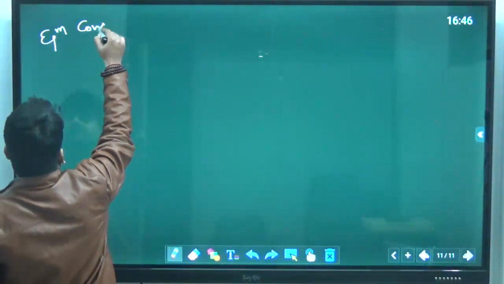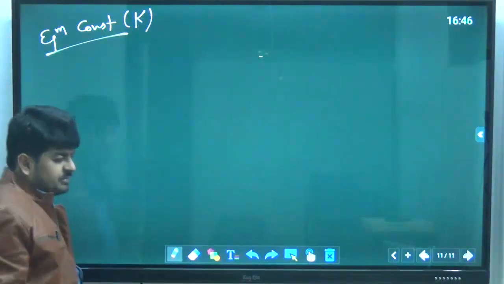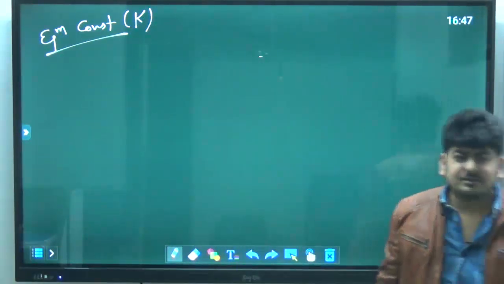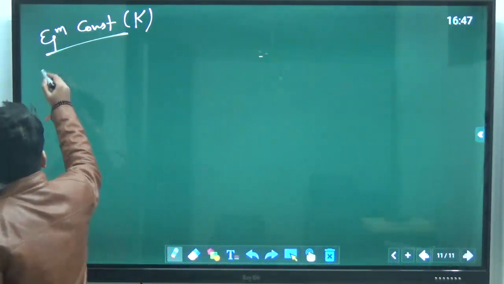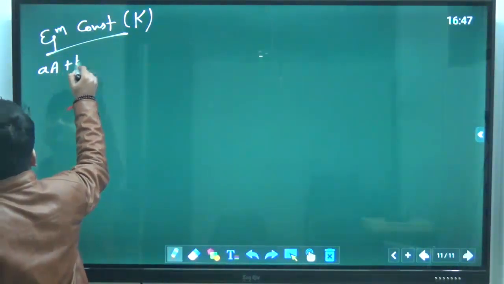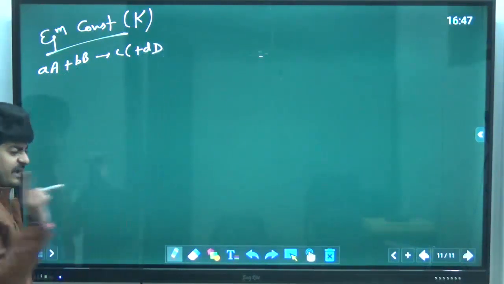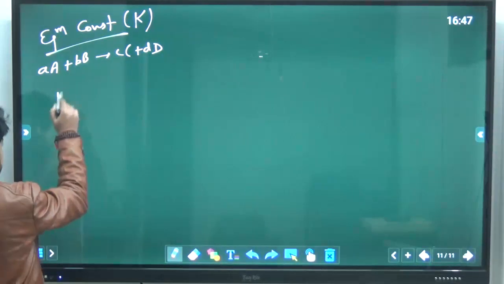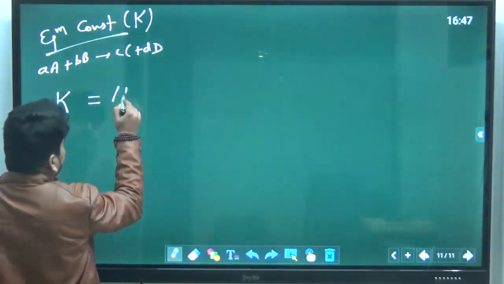Now the equilibrium constant, that is denoted by K. For the equilibrium constant there are various things which we should know. The most important thing is, for any chemical reaction like aA plus bB gives cC plus dD, we can define the equilibrium constant in terms of activity.